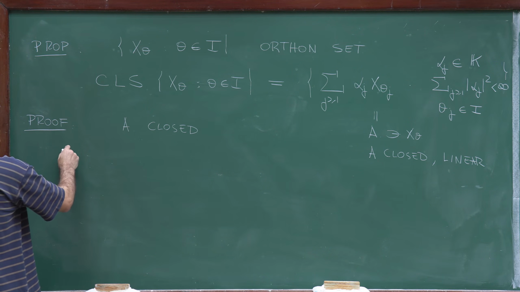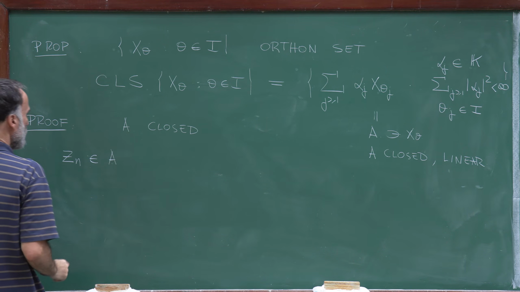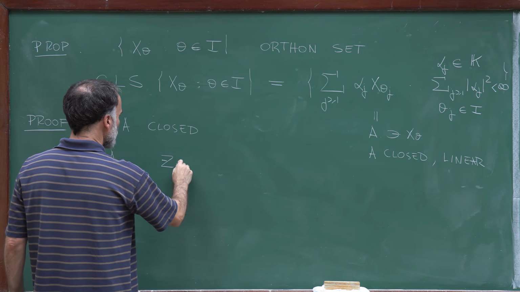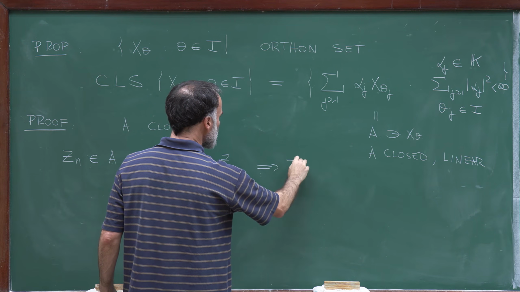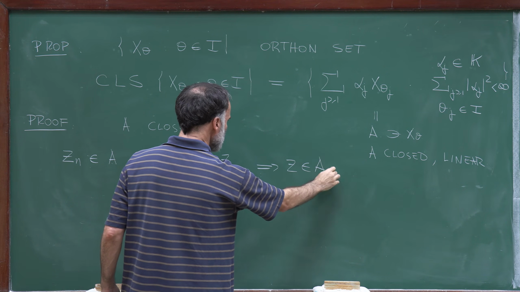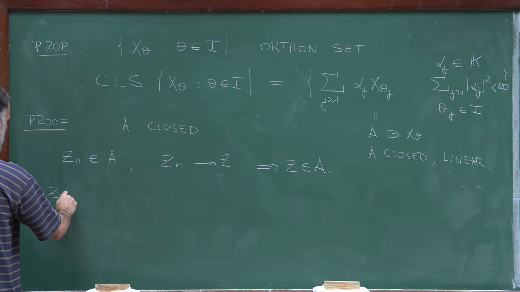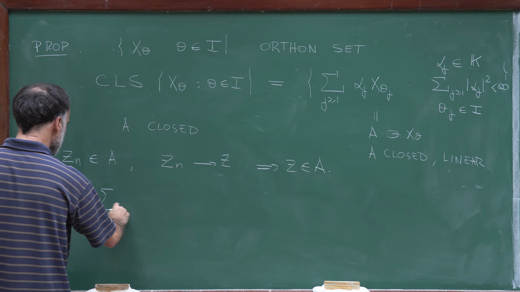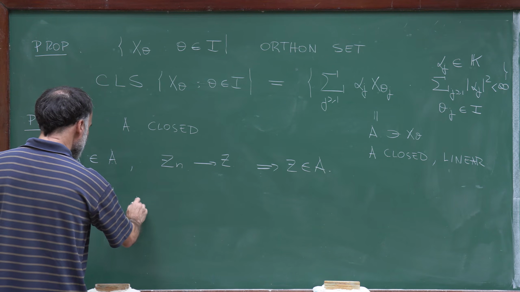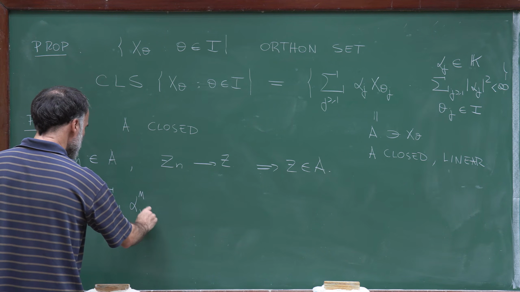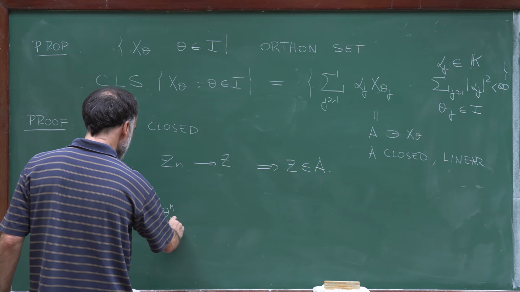So let's consider a sequence Zn in A. Assume that Zn converges to some Z. I want to show that Z belongs to A. So Zn belongs to A. This means that Zn can be written as a sum for j larger than 1 of some factors alpha n j times x theta n j.